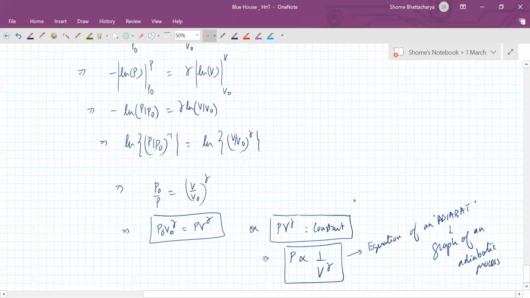Now, of course, keep in mind here that gamma is Cp by Cv, or 1 plus 2 by f. So gamma has a value of 5 by 3 for monoatomic gas, and gamma has a value of 7 by 5 for diatomic gas.